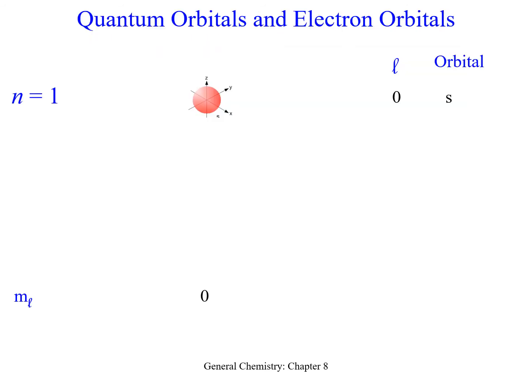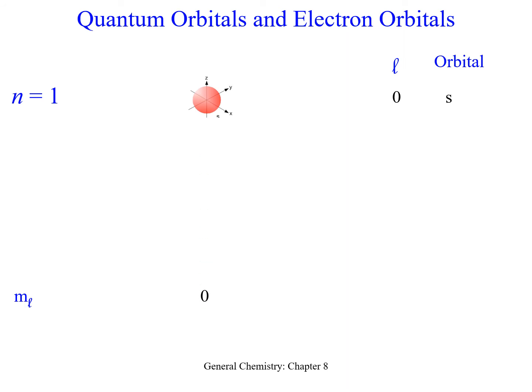What we're going to do on this slide is try to relate orbital to L and m sub L, quantum shells, and energy. For n equals 1, if you go to your periodic table, there's only the s orbital. L is equal to 0, the orbital is s, and m sub L would be 0.